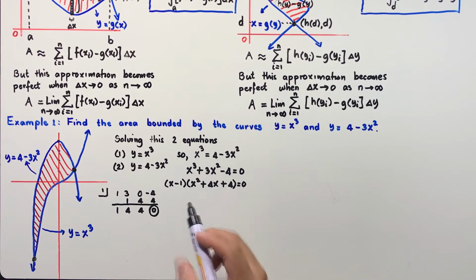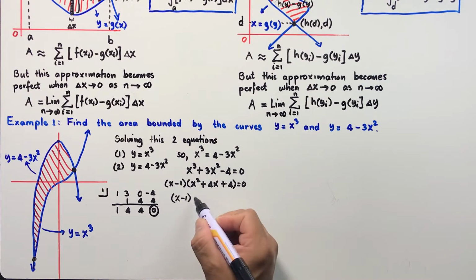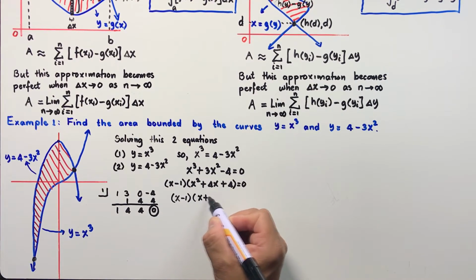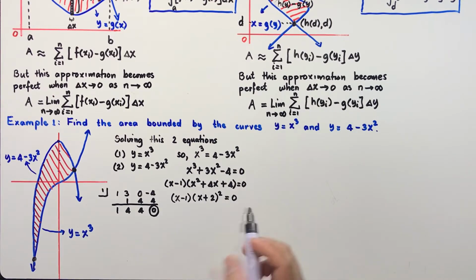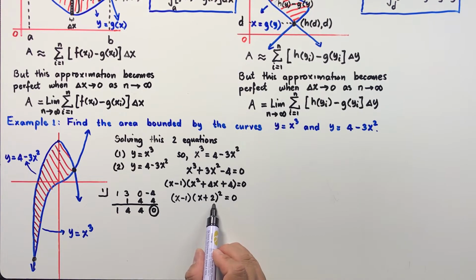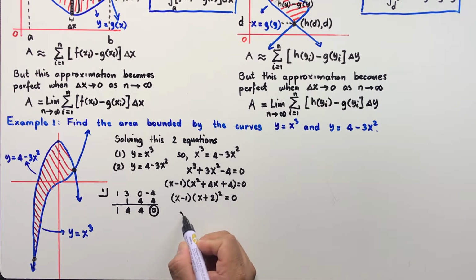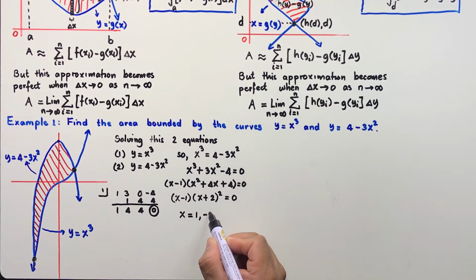But this one can still be factored. So this is x minus 1 times x plus 2 quantity squared, because we know that this is a perfect square trinomial. And equating these factors to 0, we have the roots of 1 and negative 2.